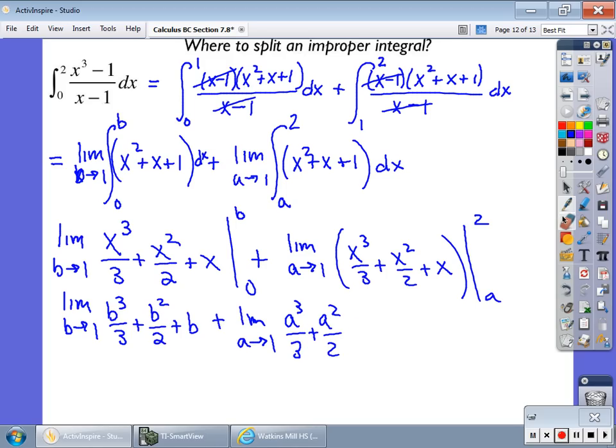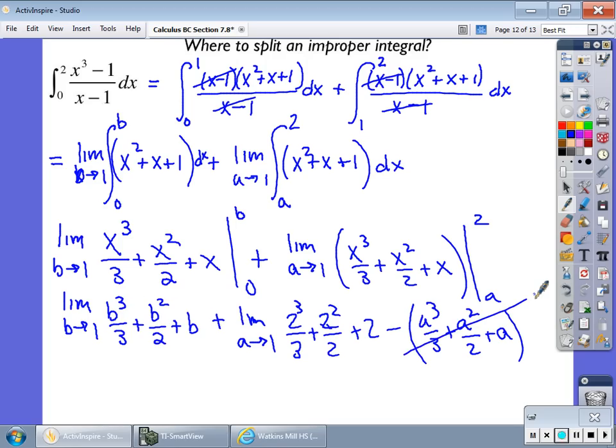I need to do my 2's first. 2 cubed over 3, 2 squared over 2, and then plus 2, minus a cubed over 3 plus a squared over 2 plus a. Now, this is going to be 1 cubed plus 1 squared plus 1, then we're going to be subtracting 1 cubed plus 1 squared plus 1.